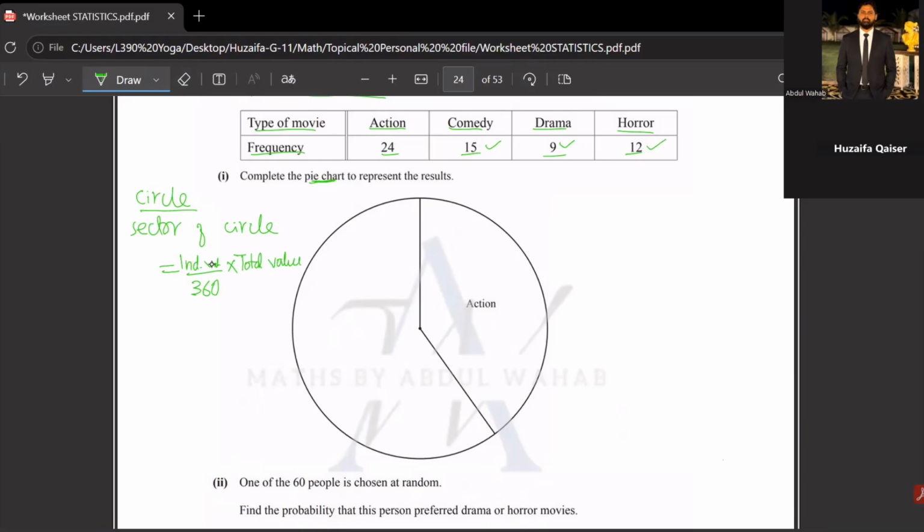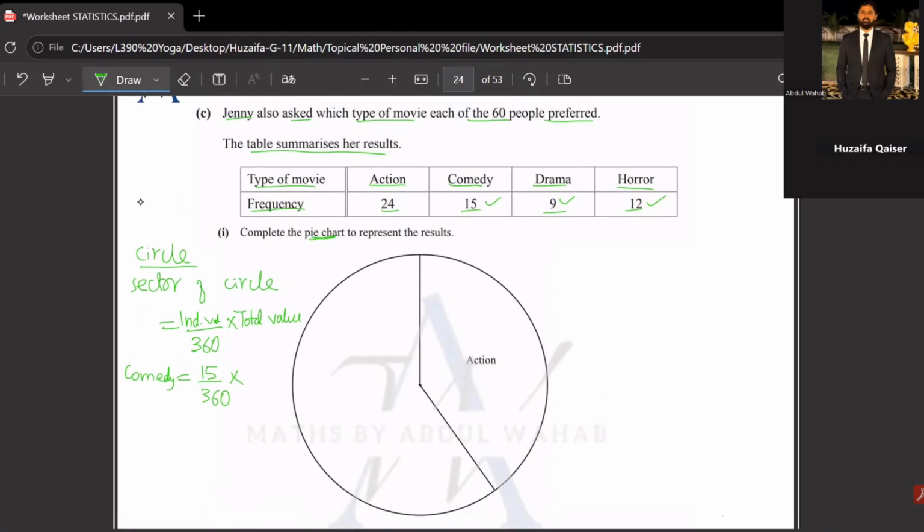Okay. Now for the individual, if we work for the comedy, we have the value 15 over 360 multiplied by the total value. The total number of people is 60 here.